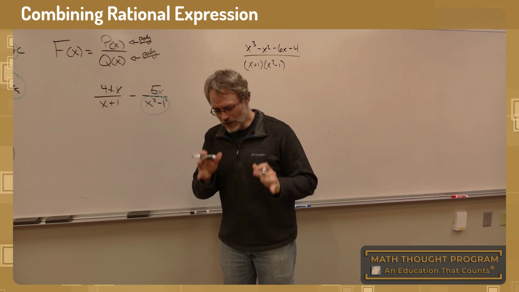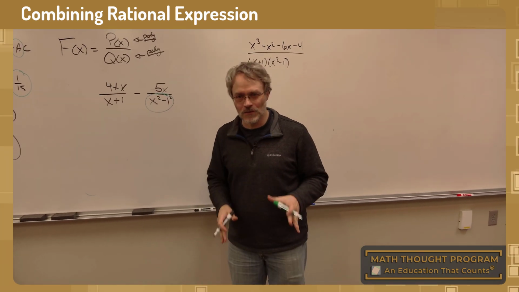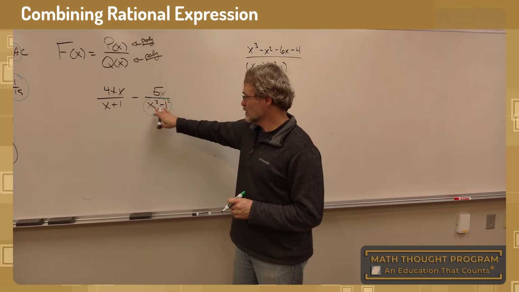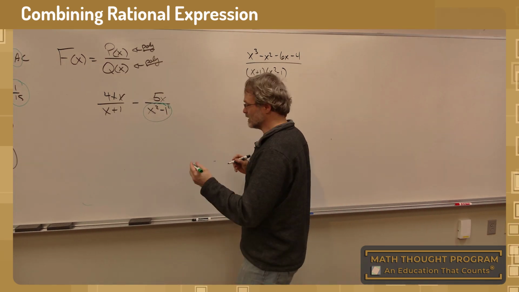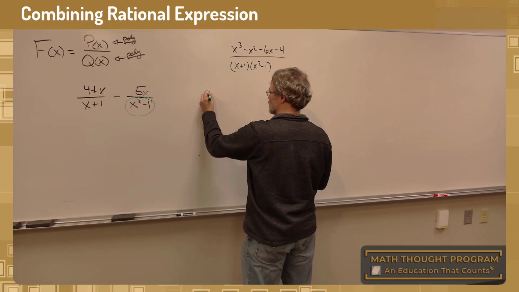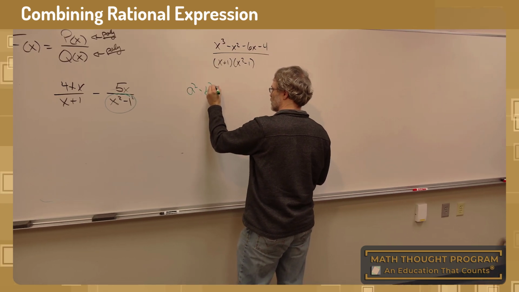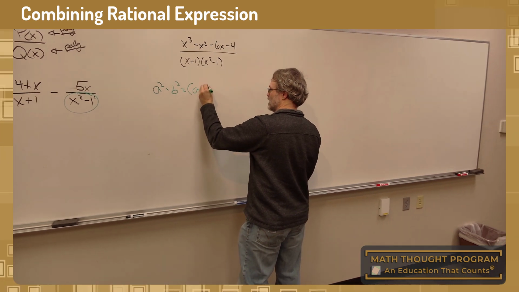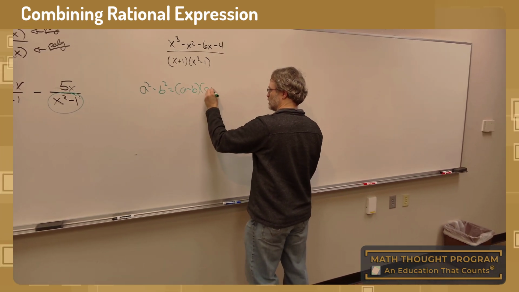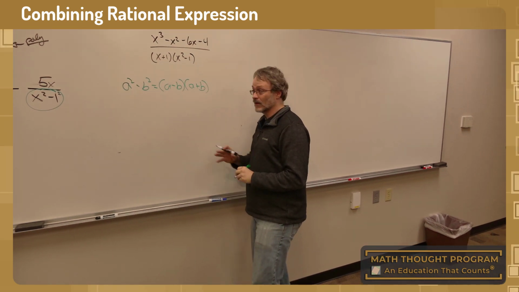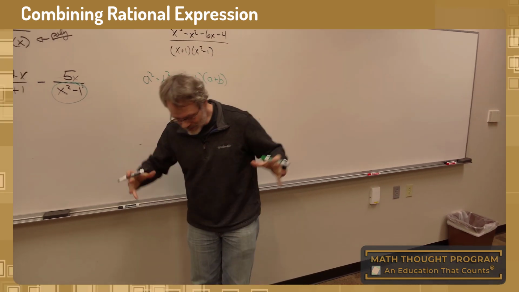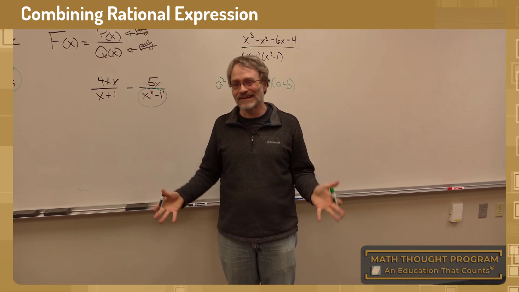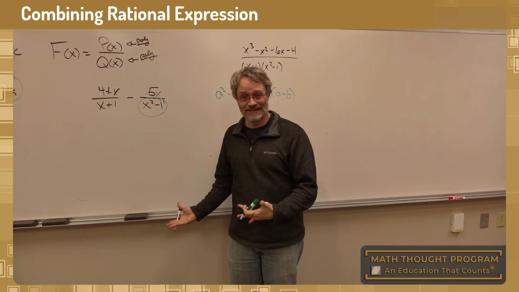See, by acknowledging and seeing this pattern of the difference of squares, guys, I can speed through this pretty quickly by knowing the structure. And remember the identity. When I have a difference of squares, a squared minus b squared, I can factor it as a minus b and a plus b. That's what I want to do. I want to unlock the denominator. I want to know the secrets of the denominator. I want to know exactly what it's trying to tell me.